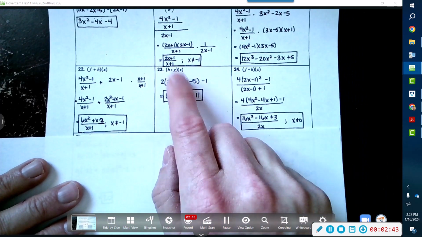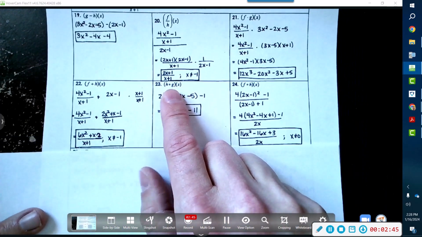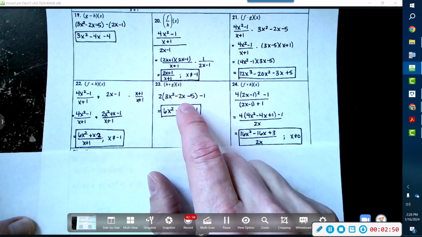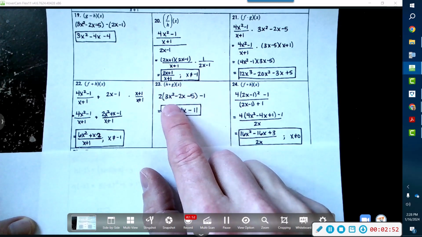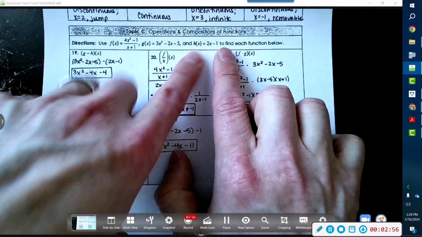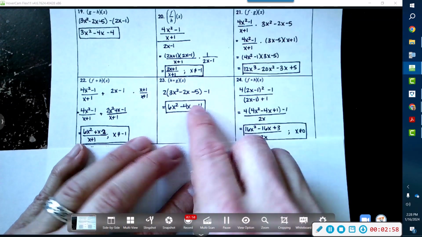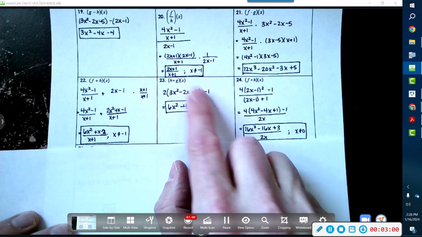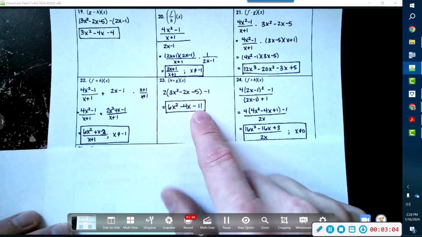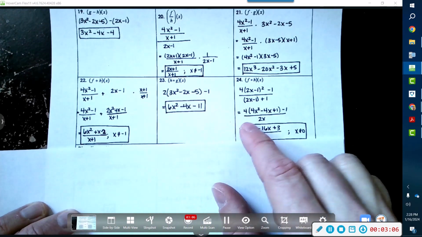Now here we've got the g function being composed with h. So the g function got put inside the h. The h is just 2x minus 1, so the x basically opens up its window, and the g function goes right inside. Go ahead and distribute that and combine the -10 with -1.